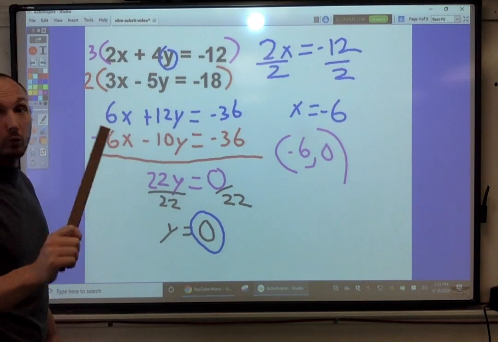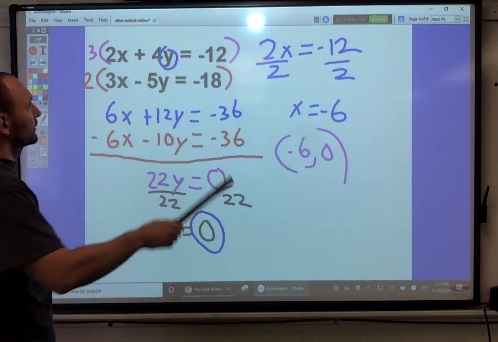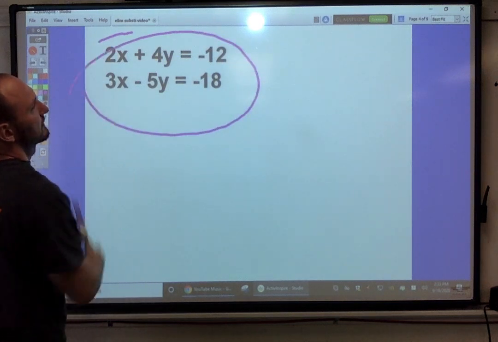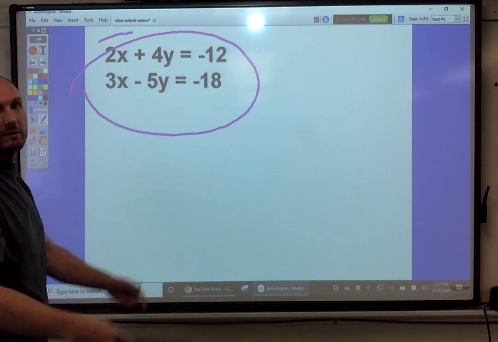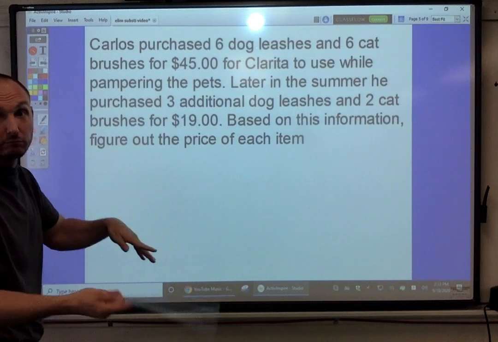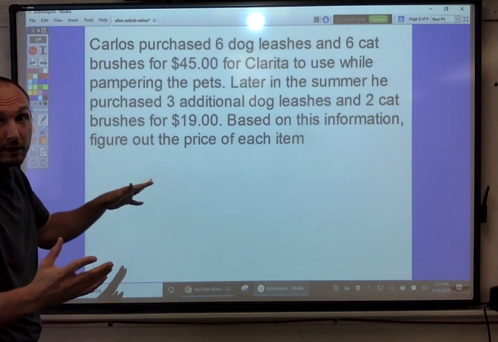So I want to give you a word problem. Where you need to set it up like this and then solve it. So this next example, you can pause it, read it. I'm going to go ahead and do it now.